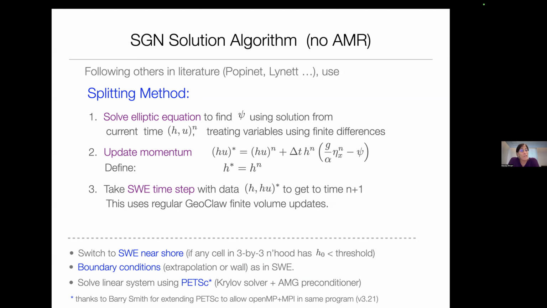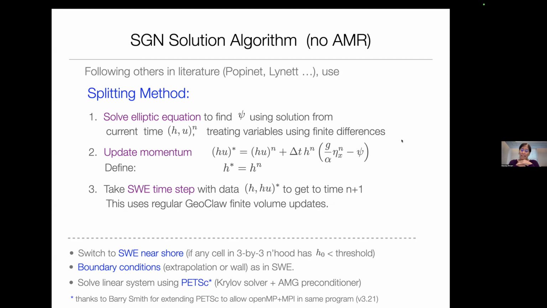The boundary conditions that we use are the same as in shallow water. So it's either an extrapolation condition or a wall boundary condition. And as I said earlier to Maria, we do hope to improve those. Okay, so now we actually have a linear system to solve for the psi elliptic equation. I am happy to refer to PETSc, where we use a Krylov solver with an AMG preconditioner.